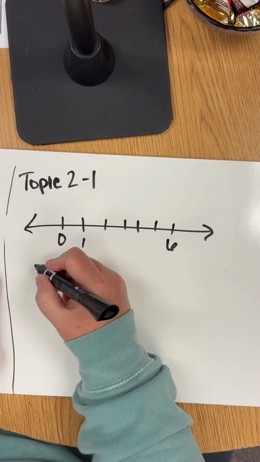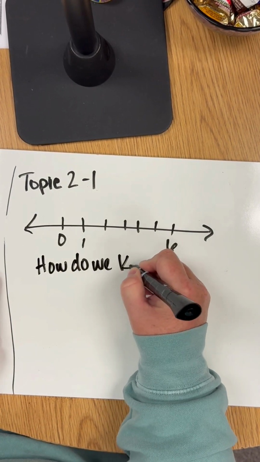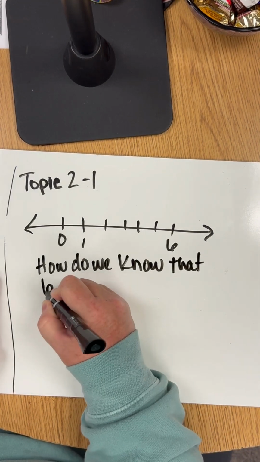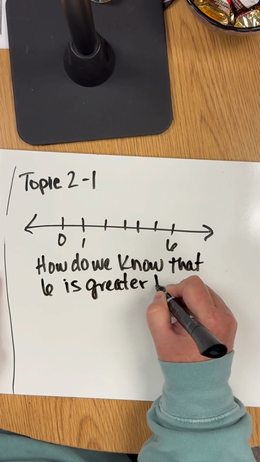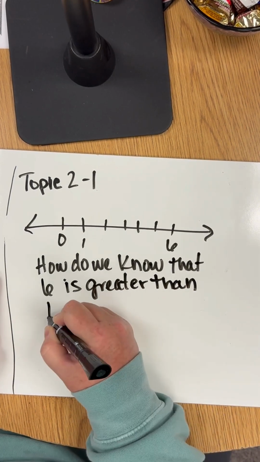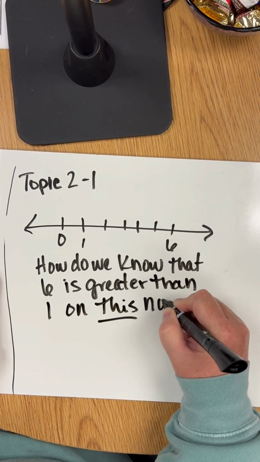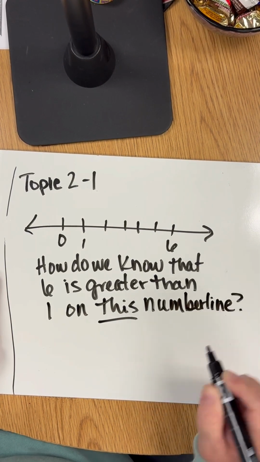So pause here. How do we know that 6 is greater than 1 on this number line? Put that in your comp book right now.